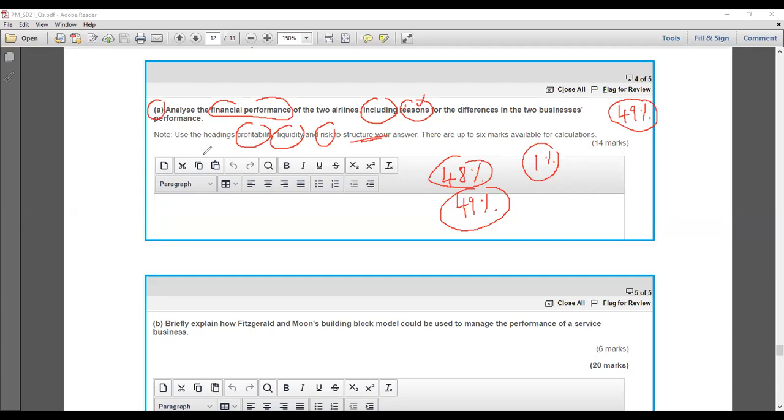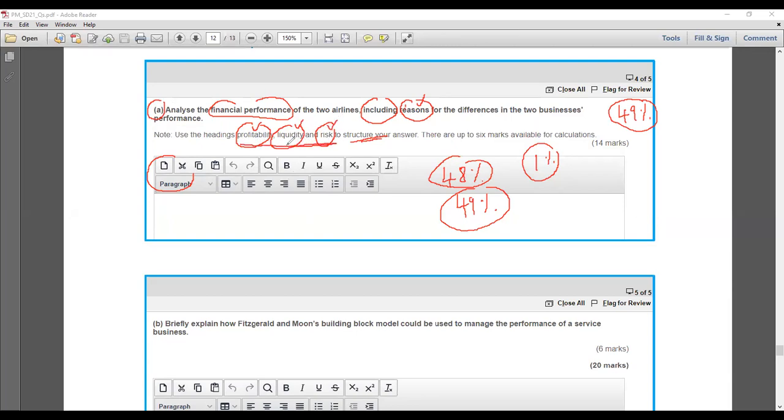But the examiners were very friendly. The examining team says, let's guide the students. All of you use the headings, and you can see this is the word processor here. So they will put the word processor. This is what you're going to use. They put it here for you. Nicely write the subheadings.